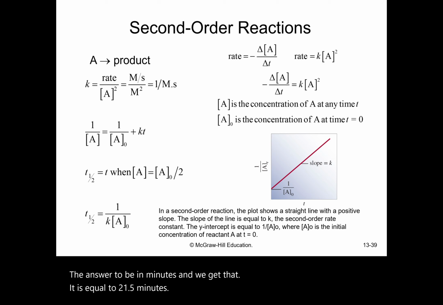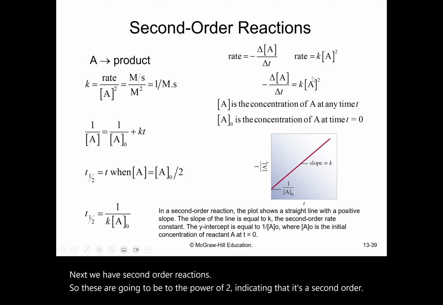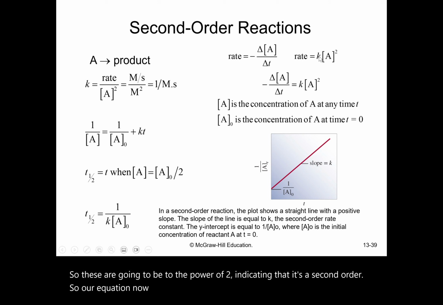Next we have second order reactions. So these are going to be to the power of 2, indicating that it's second order. So the rate is second order, so that's k times the concentration of A to the second power.